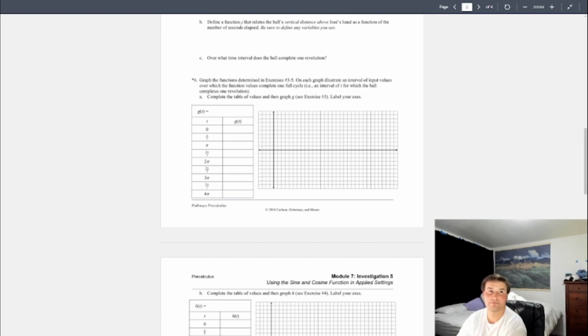Okay, sine of pi over 2, times 1 times 2.3. So immediately at pi over 2, it's already at 2.3.